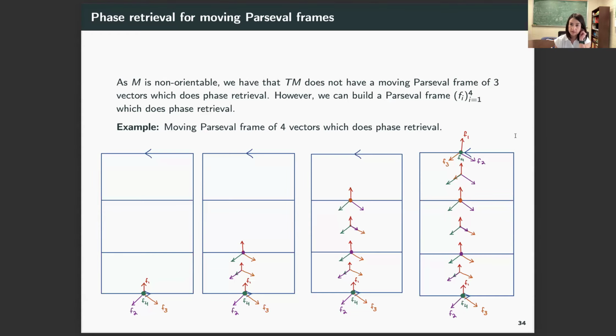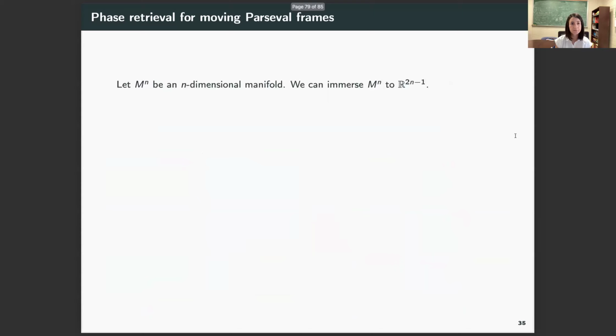However, there are certain things that we want to mention. If I have Mn to be an n-dimensional manifold, we can immerse Mn into R^(2n minus 1).